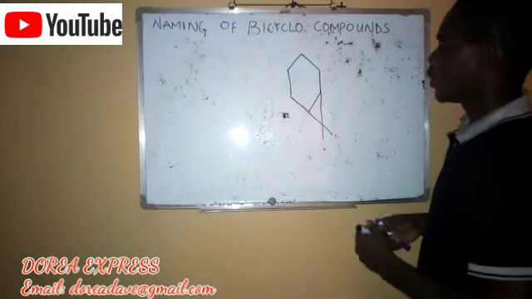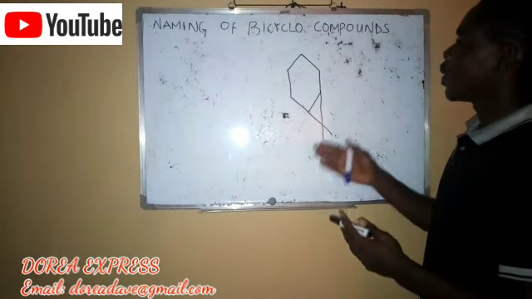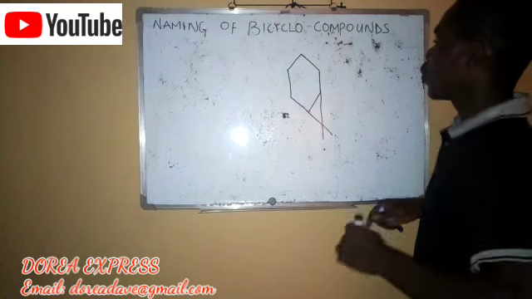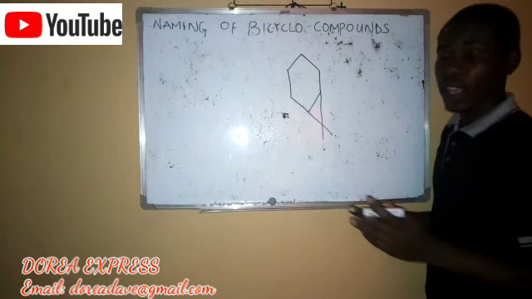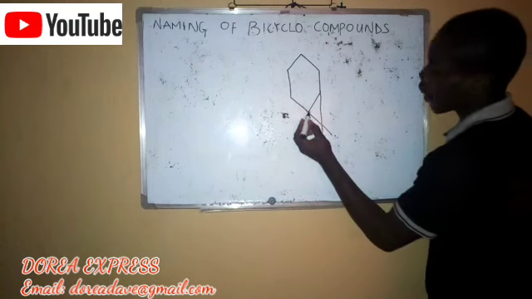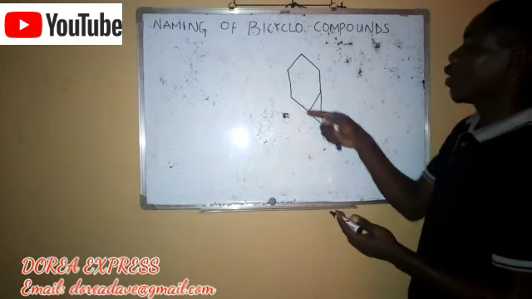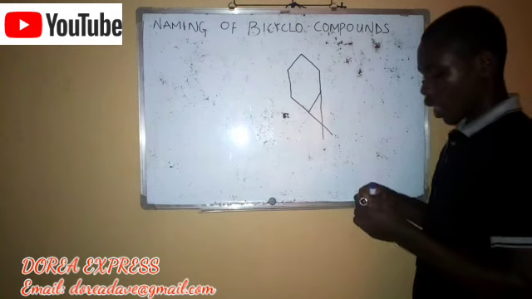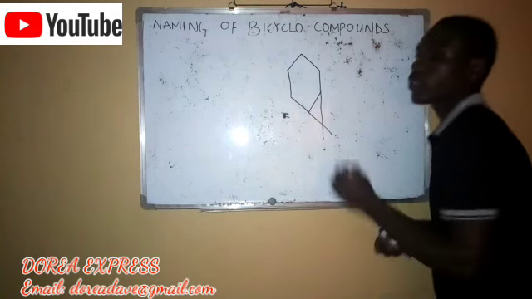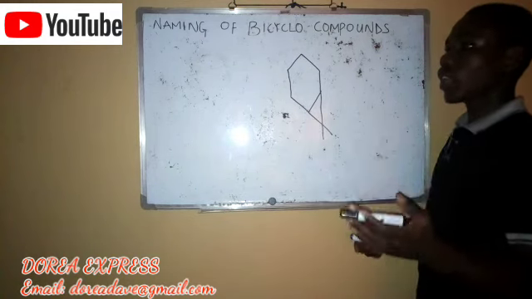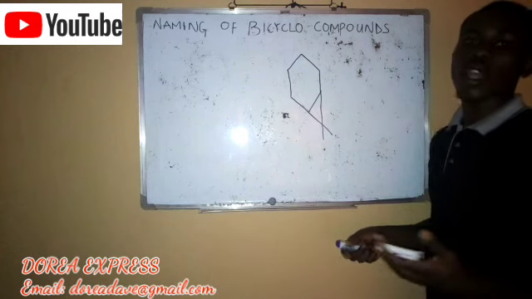So let's look at this example. This is a bicyclo compound. So the first step is to identify the head bridge. In this case, this is our head bridge. So we can decide to start naming from either here or here. And we follow the longest carbon chain, just like how you name your organic compound.